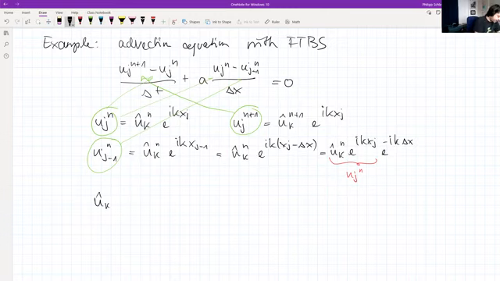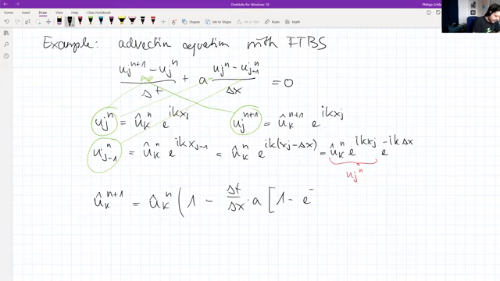U hat k^{n+1} is U hat k^n times (1 minus delta t divided by delta x times a times (1 minus e to the minus i k delta x)). Something like that. So this is when I put everything together.